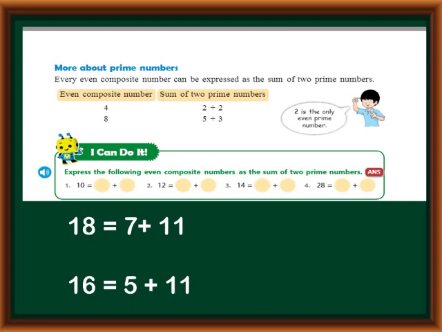How do you express it as the sum of two prime numbers? 7 plus 11. Take another number, 16. How do you express this as a sum of two prime numbers? 5 plus 11. This is how you will do this. So find the sum of two prime numbers for the even composite numbers 12, 14 and 28 in your rough notebook.